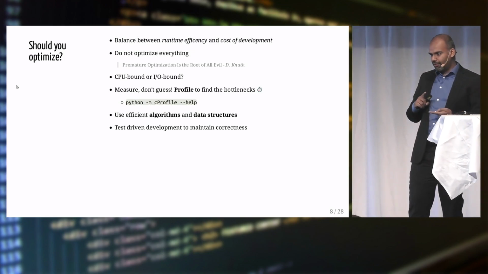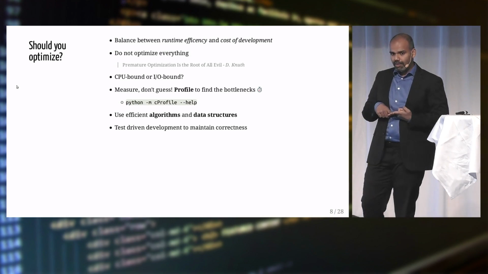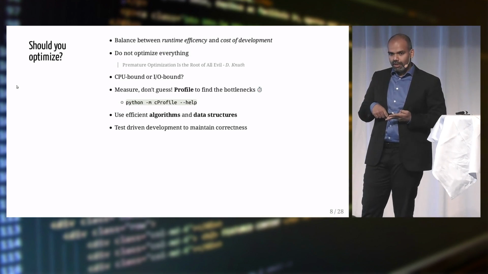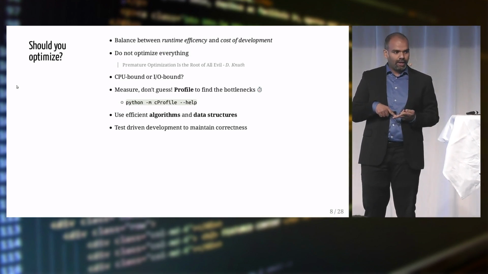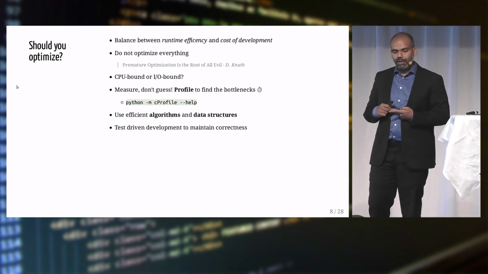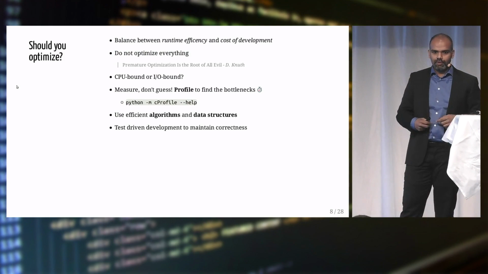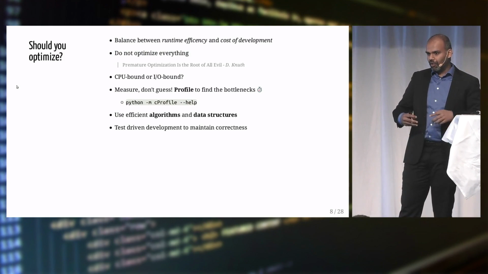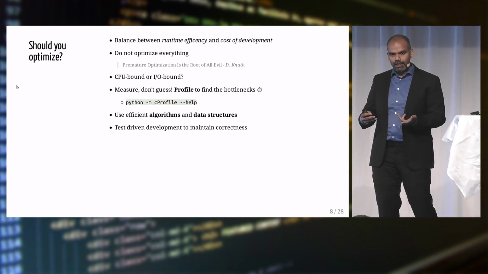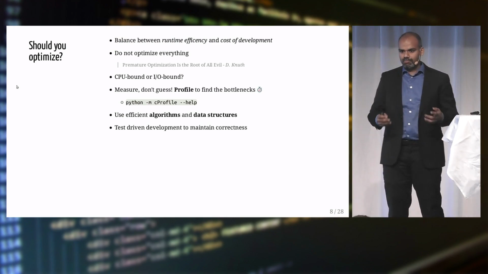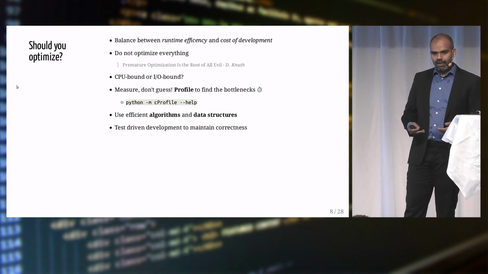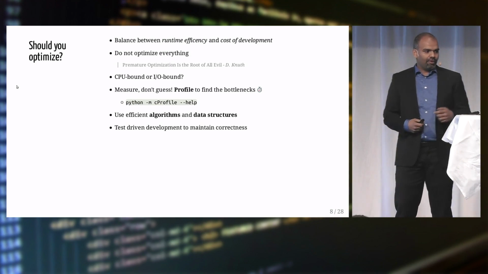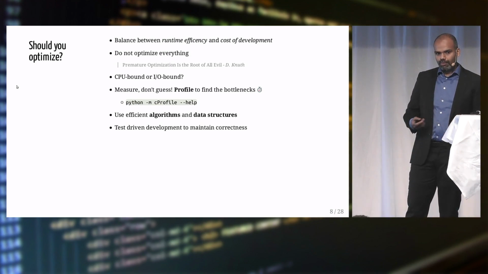One of the first things you should check is: is your problem CPU-bound or IO-bound? Is most of the runtime spent at the CPU or spent on communications? A typical example of CPU-bound problems is linear algebra, differentiation, calculus, etc., which is a lot of data science and scientific computing. And for IO-bound, you have network communications, web development.